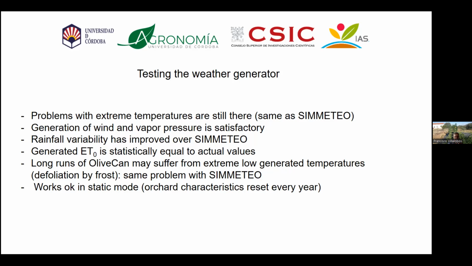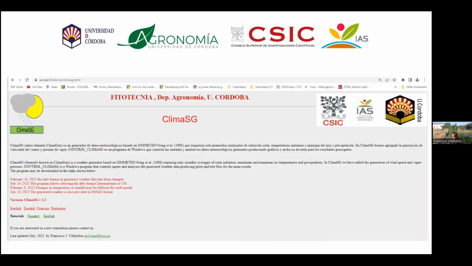So that's a problem with long-term simulations in trees. But in trees, we can also work in static mode, and in that case, the generated data would be fine, because the orchard characteristics are reset every year.